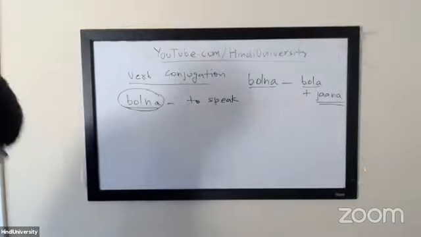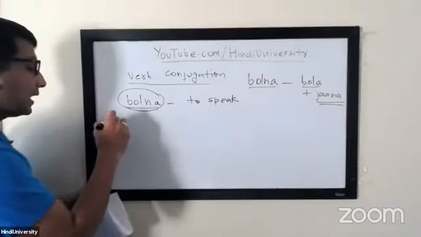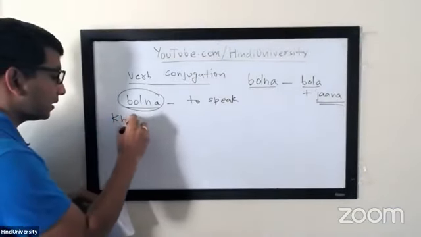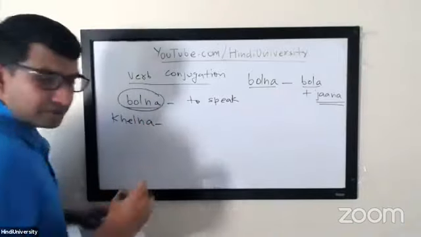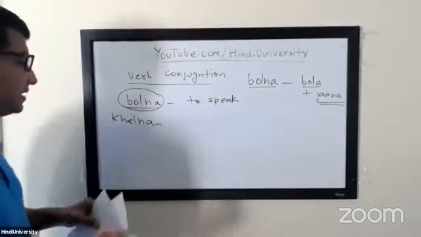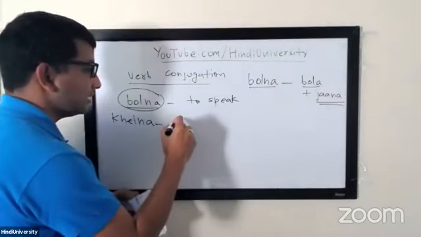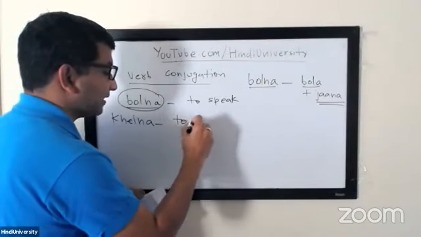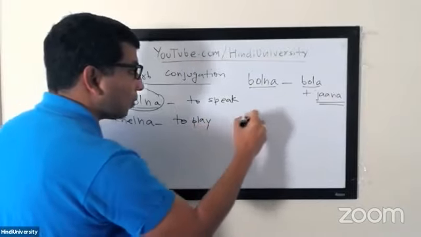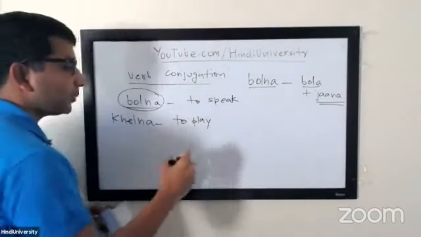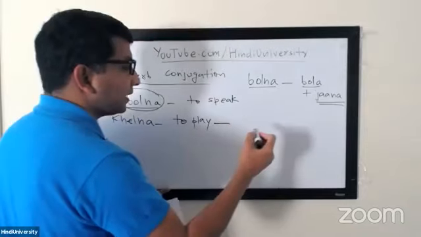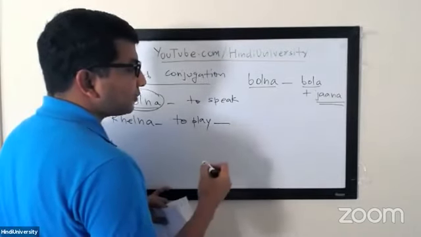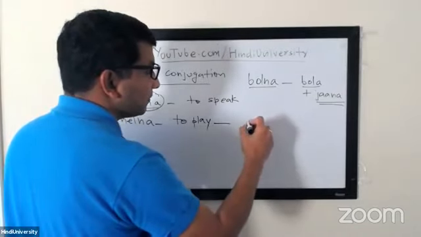Let's say the verb here is now khelna. Radhika ji, what is khelna in Hindi? To play. Right. So how will you say the word conjugation to play in the passive case?